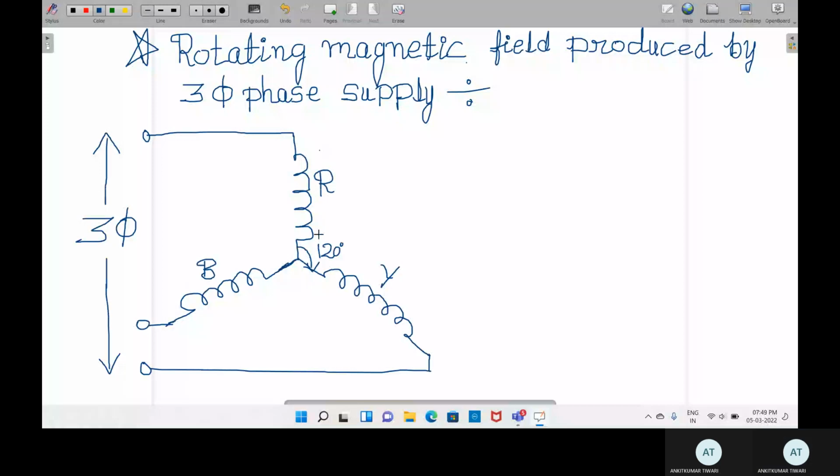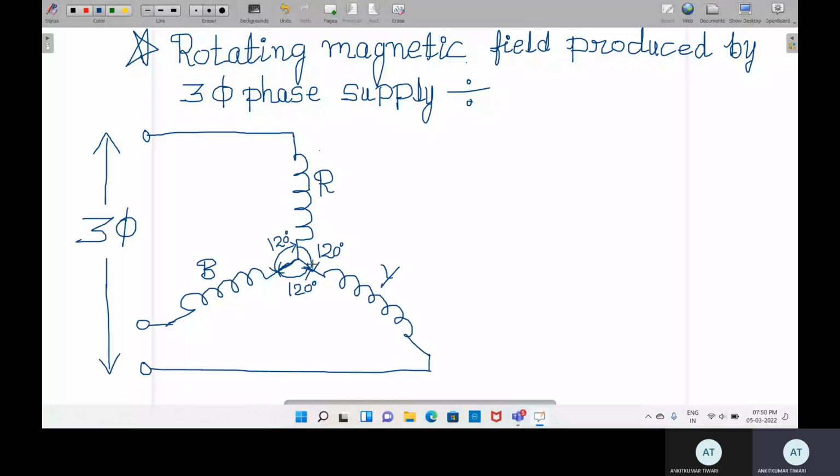Coil R is placed at a 120-degree displacement from coil Y. And coil B is placed at a 120-degree displacement from coil Y. Similarly, coil B is placed 240 degrees apart from coil R, and coil B is displaced 120 degrees from R in the opposite way.